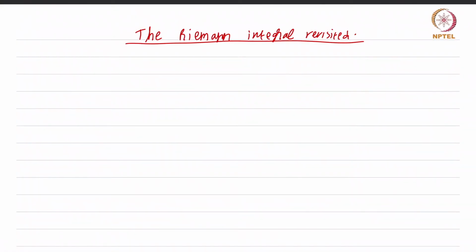We are now in the final leg of this course on real analysis. In this part of the course, we shall study the Lebesgue integral. The Lebesgue integral behaves very well with respect to limits. Recall that we have already shown that if a sequence of functions that are Riemann integrable converge uniformly on an interval, then you can interchange the limit and the integral.